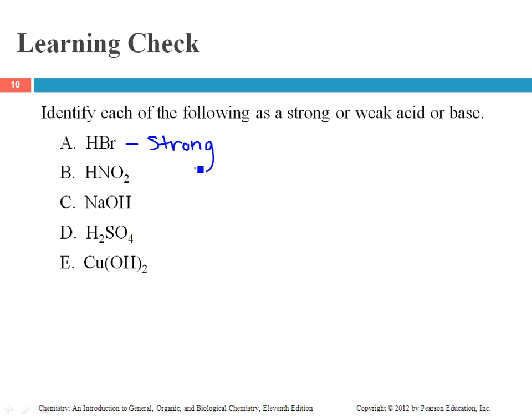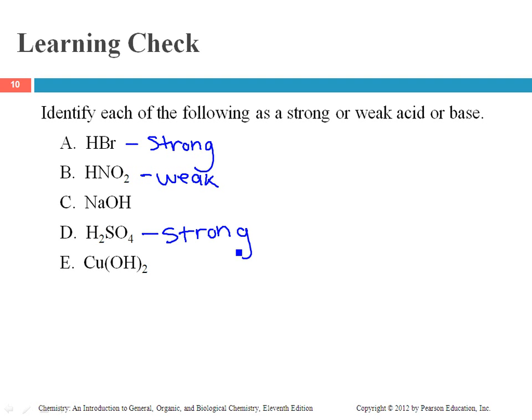When it has HNO2, it's nitrous acid, which is a weak acid. So we're going to do all the acids first and come back to the bases. We have sulfuric acid as our next acid, and it is strong. So H2SO4 is in the strong list.